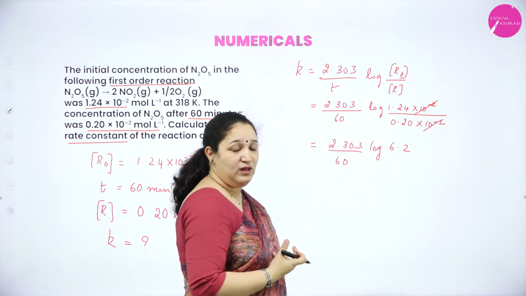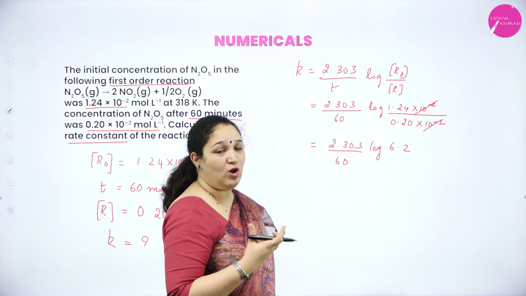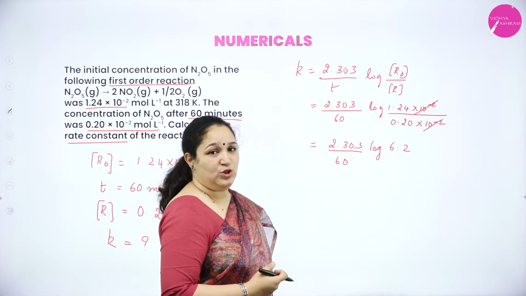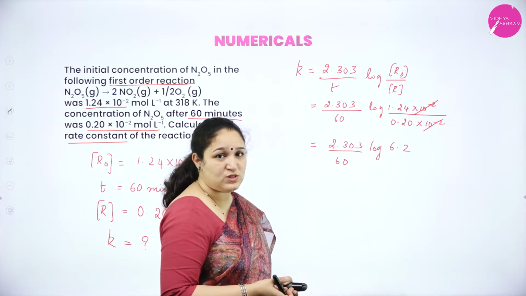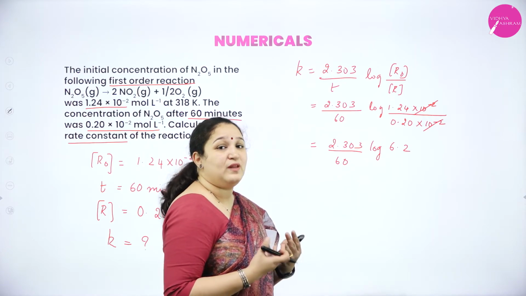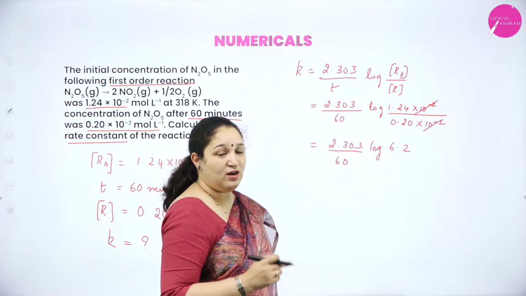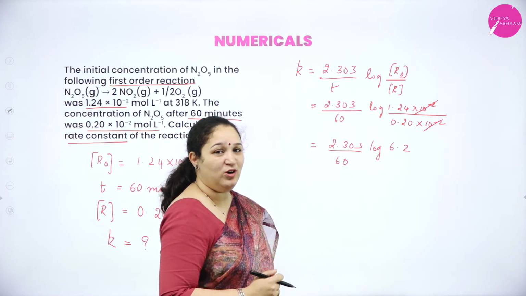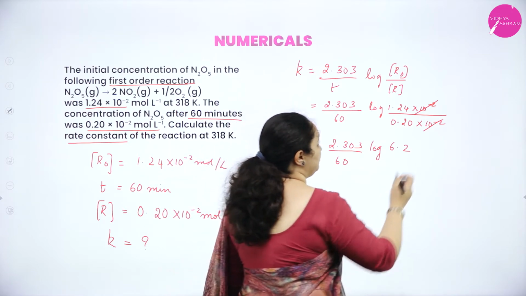Now how do we see the log values? For this you need to have a log table with you. Okay, I'll just give you the guidance how to use the log book. I've already taught you all in the first year how to use your log book. Still, once again we shall brush up.